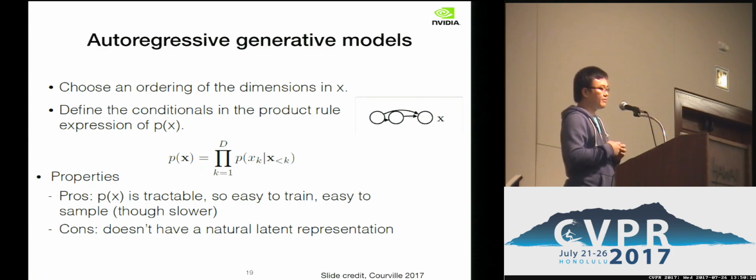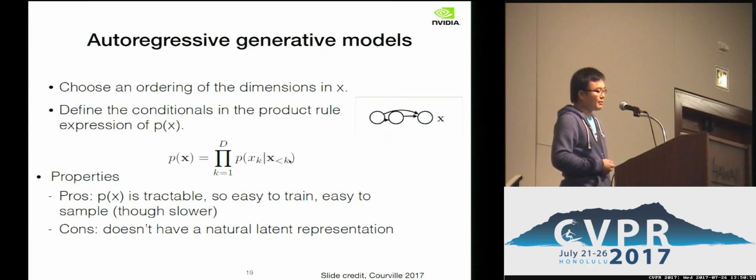With this ordering, we can apply the product rule to factorize P of X into the product of conditional distributions. Each pixel is conditioned on the pixels before it. And by applying this rule, we have a model for explaining the images.